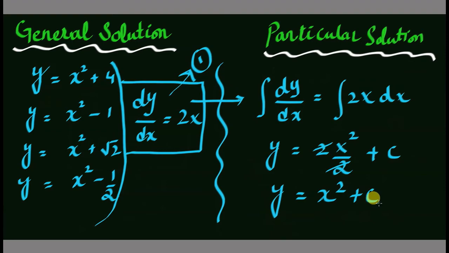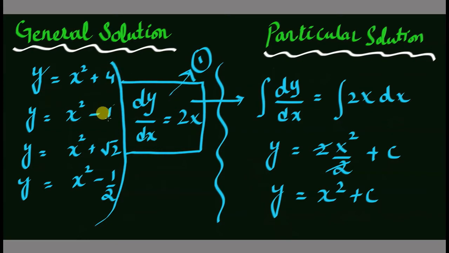And why does this c come? Because here you can see there are so many functions whose constant terms are different, but after differentiation you don't know which constant term was there.